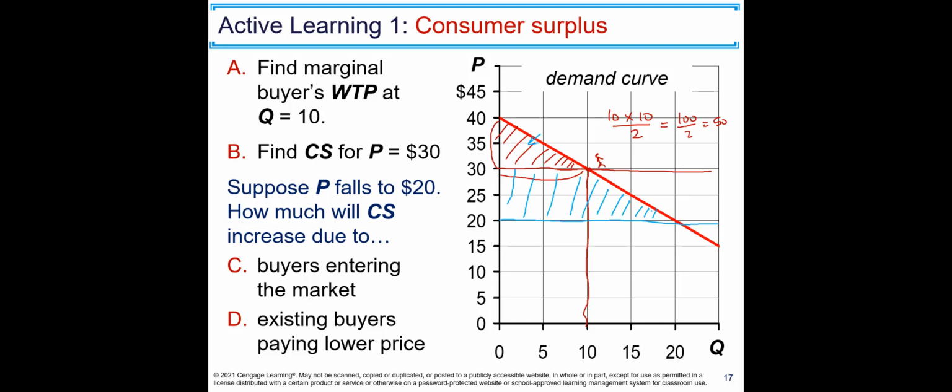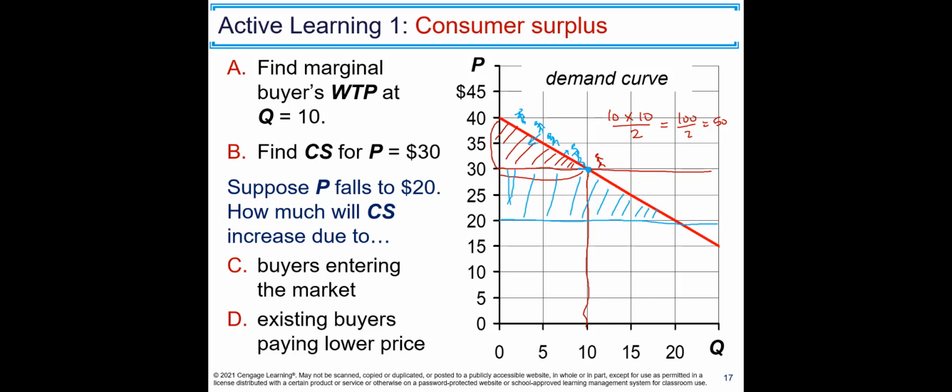Now we need to find increase in consumer surplus due to existing buyers. Remember, these are the buyers who are buying the product when it's 30 and they continue to buy when the price is 20. Therefore, until here, we have existing buyers because they are willing to buy the product at 30.